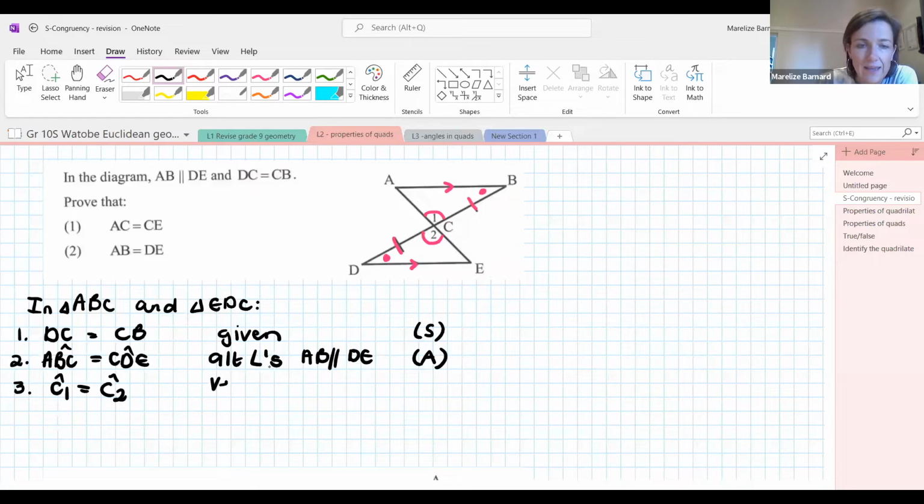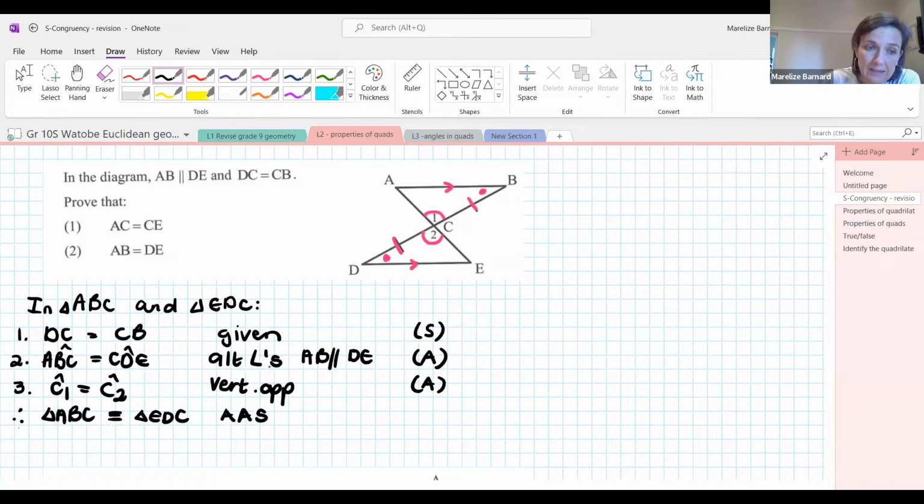And the reason there is because they are vertically opposite. And that gives me another angle. So my reason for congruency is going to be angle, angle, side. So therefore, triangle ABC is congruent to triangle EDC, angle, angle, side.